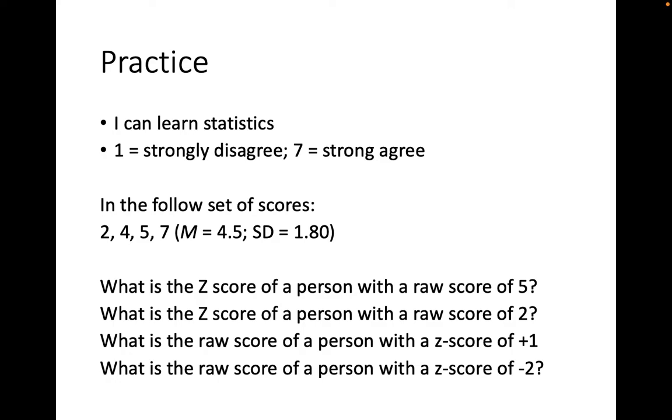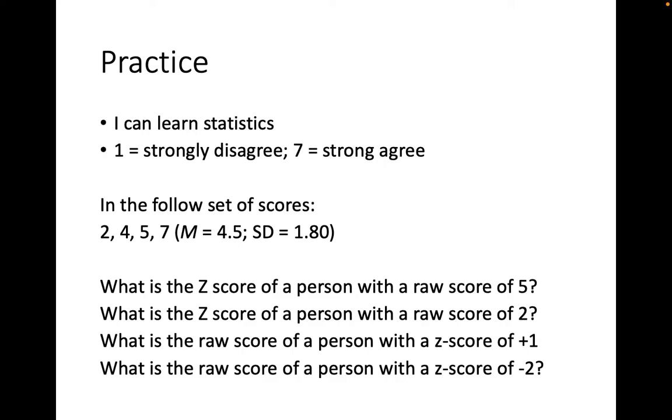So this might be a good opportunity to do some practice with some of these formulas and do some calculations. So let's just take the following set of scores. We've got a 2, 4, 5, or 7. I've gone ahead and calculated the mean and the standard deviation for these 4 scores, the mean being 4.5 and the standard deviation of 0.8.